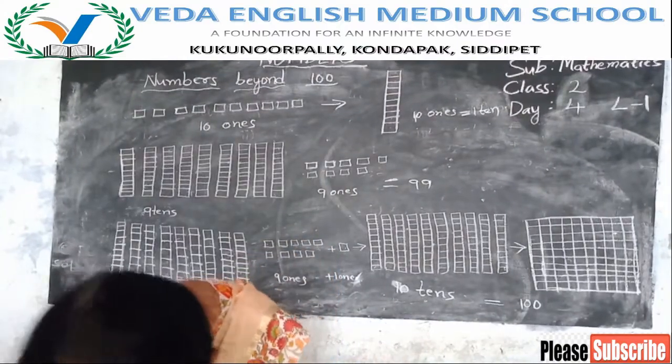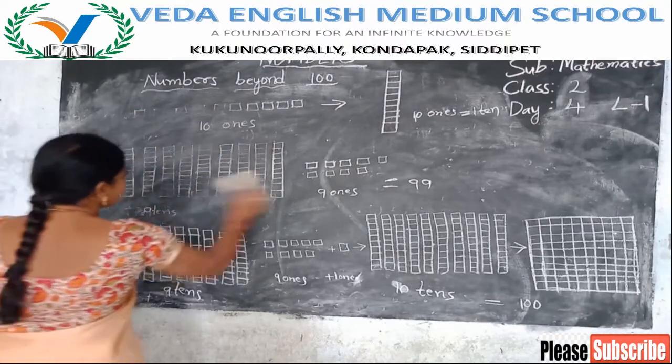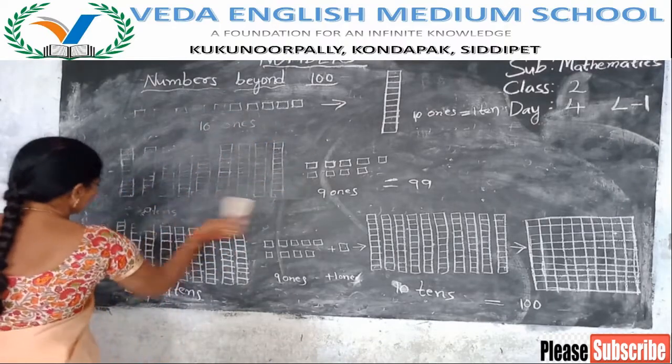Okay. Today now, how to write the numbers. Already you learned 1 to 100, how to write the number names also.